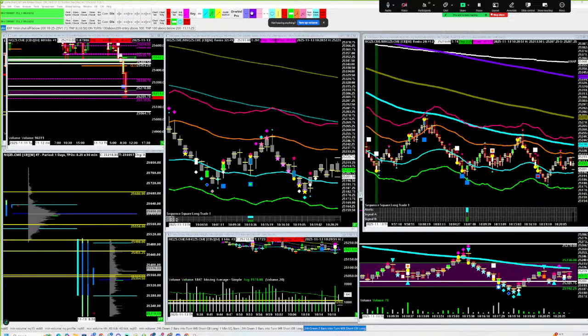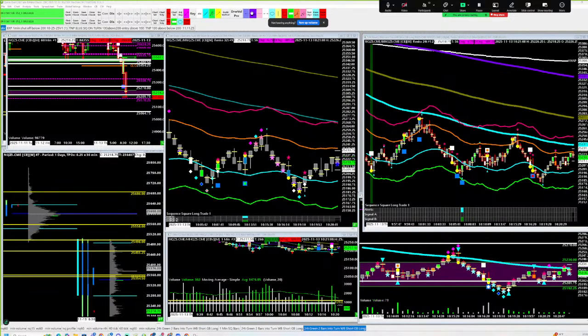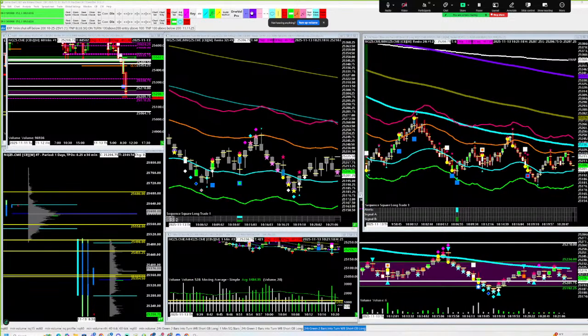And here we go with the whipsaw into the London close. That's the only explanation I have for it.